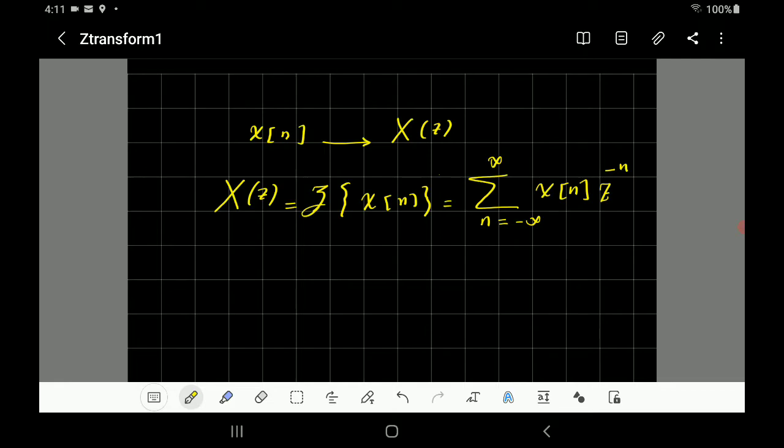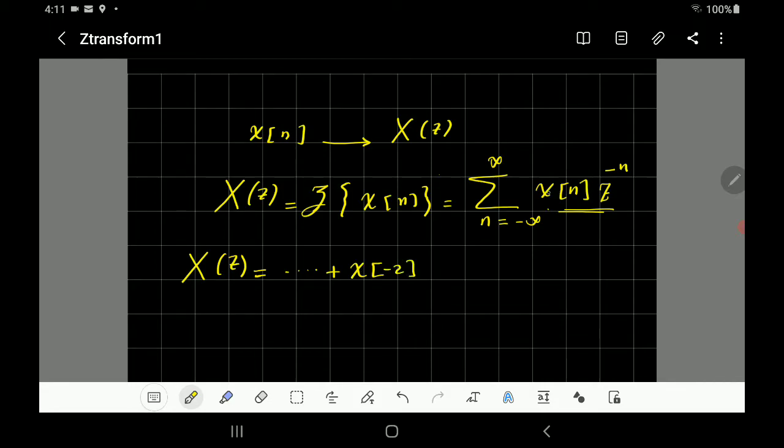So how can we perform this operation? Before we do that, let's evaluate this summation. Start by substituting from n minus infinity to infinity in this expression. So you can say that X of Z is equal to, I'm not going to start from minus infinity, I'll just make dots till I arrive to, let's say, X at n equals minus 2.